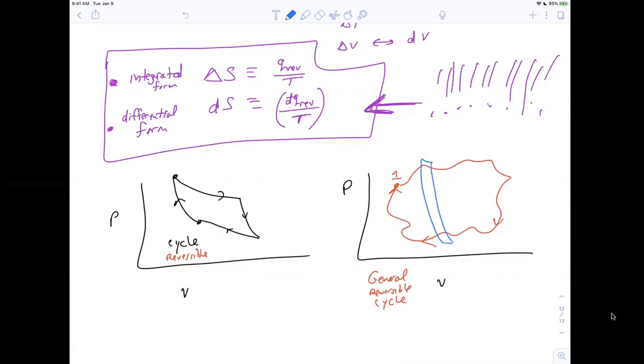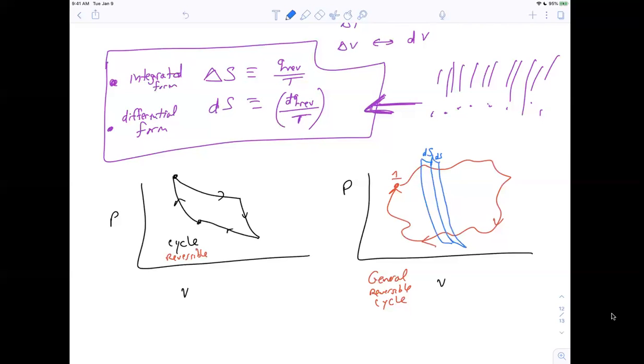So there's one little differential Carnot cycle, and that would correspond to a ds. Then you might draw another Carnot cycle. That corresponds to another ds. So these are all very small Carnot cycles that you can use to build up this red general reversible cycle.